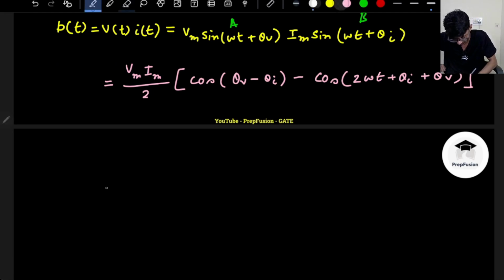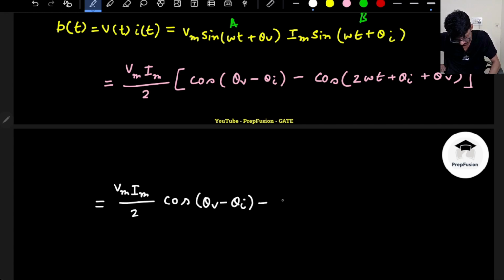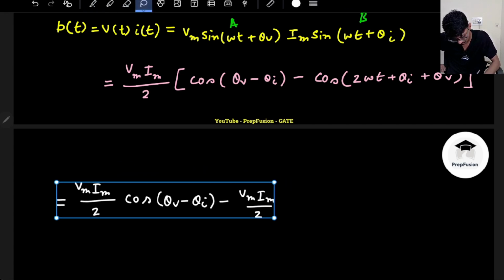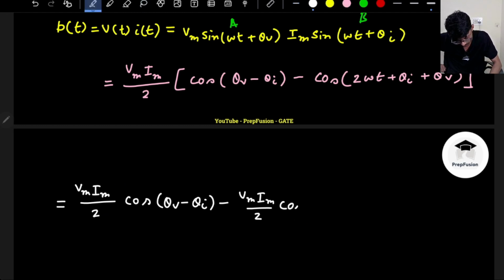If I break this down, if I open the brackets, this will be Vm Im by 2 cos(theta V minus theta I), minus Vm Im divided by 2 into cos(2 omega t plus theta I plus theta V).